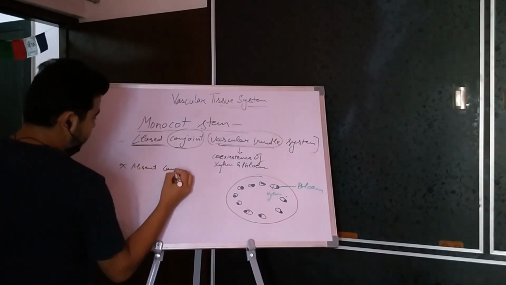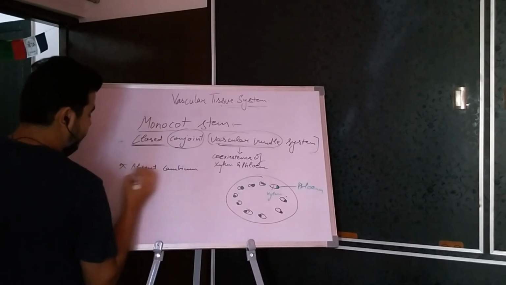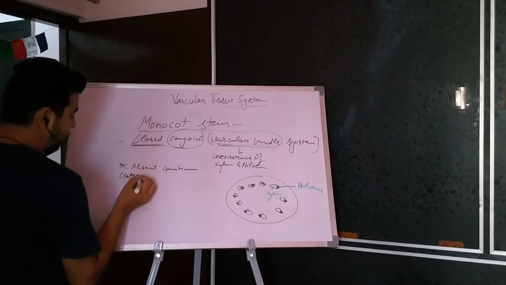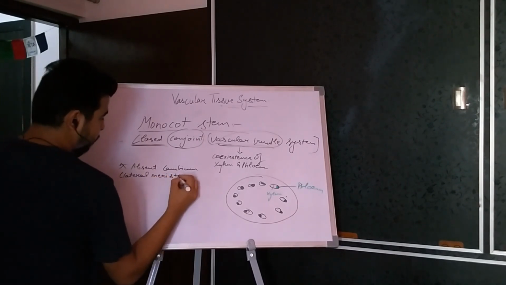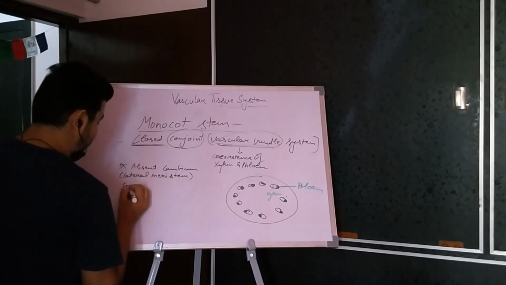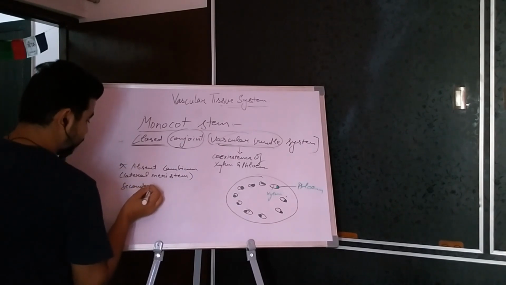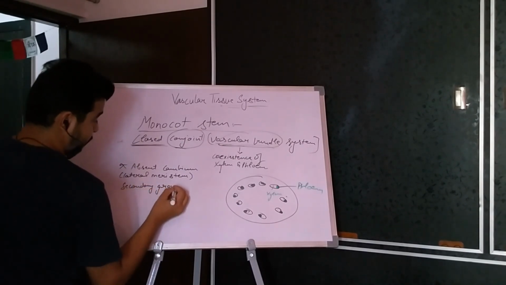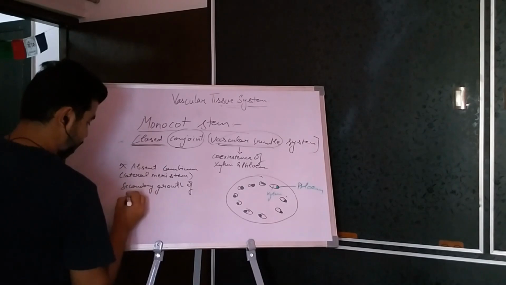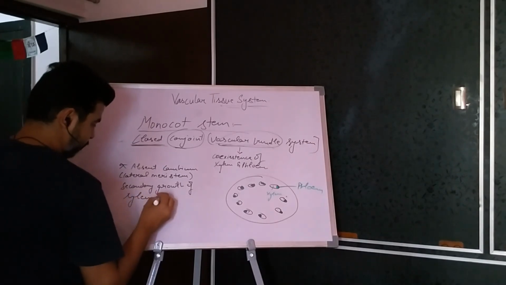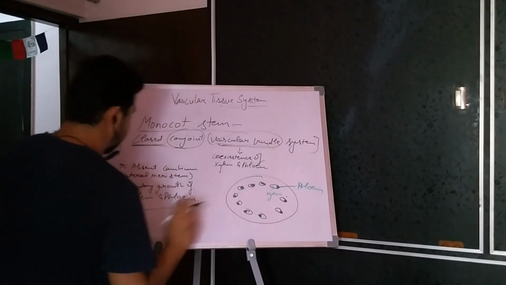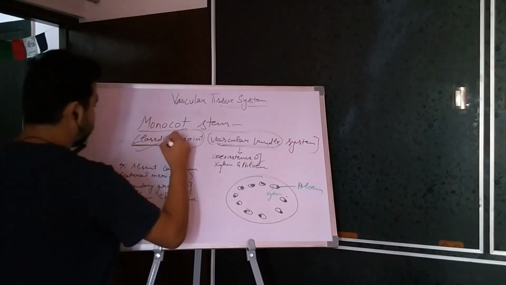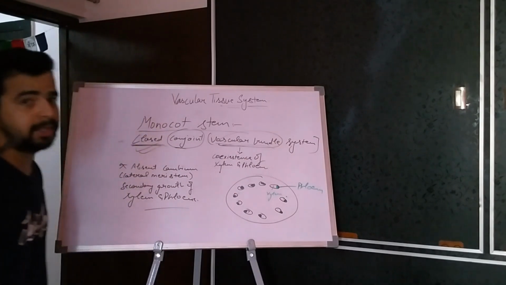Cambium is a lateral meristem, and this lateral meristem has a role in the secondary growth of xylem and phloem. So here there is no secondary growth of xylem and phloem, and so we call it a closed conjoint vascular bundle system.